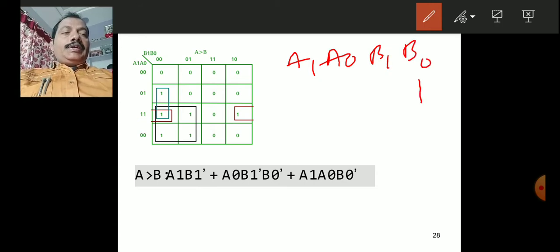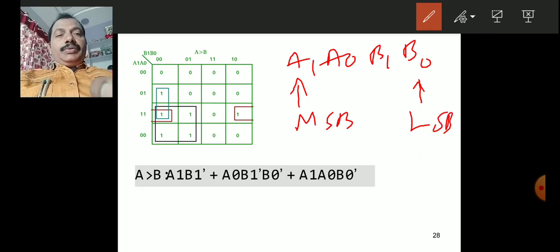So this is the LSB, this is the MSB. Always you have to take MSB at the row side, LSB at the column side, and you have to write the truth table and fill the outputs completely for A greater than B only.